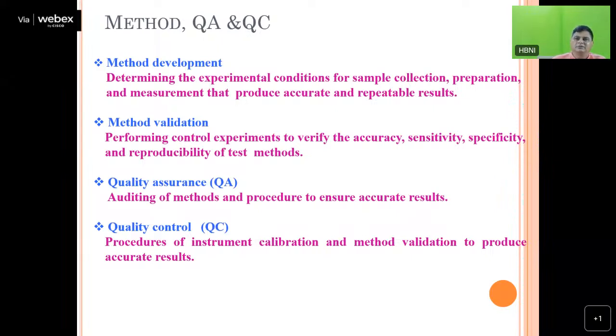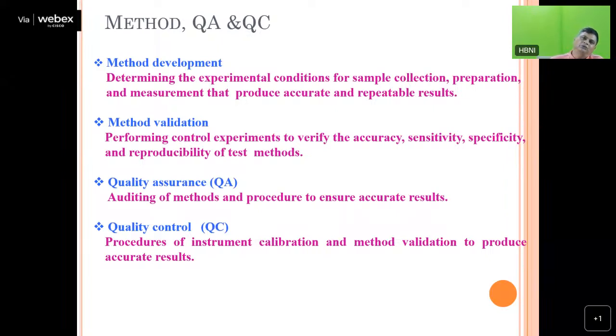Suppose you have developed a method, how will you prove that the method you have developed is correct? That is done by method validation. For method validation, you have to take standard reference materials and perform similar steps, performing control experiments to verify the accuracy, sensitivity, specificity, and reproducibility of the test methods.